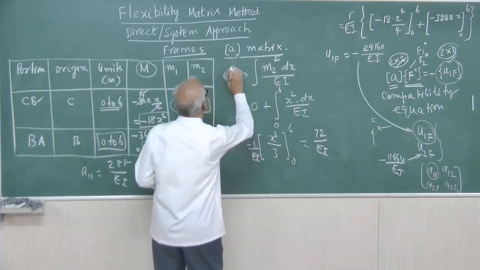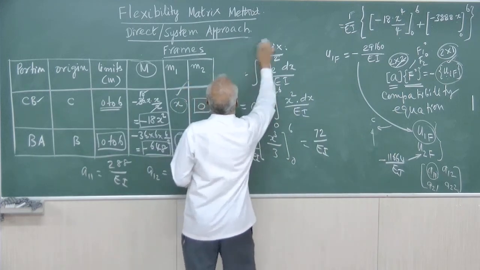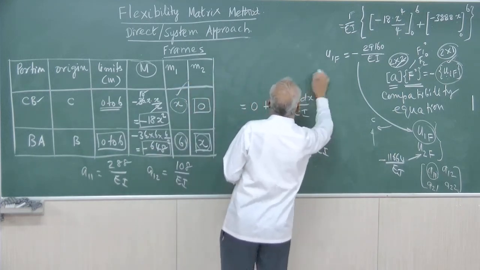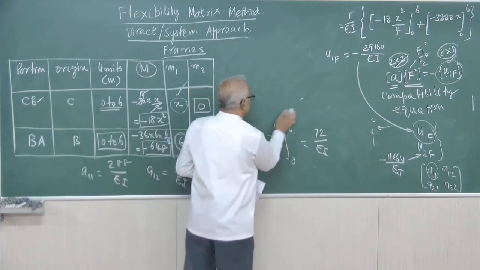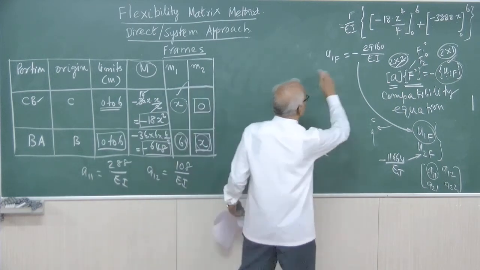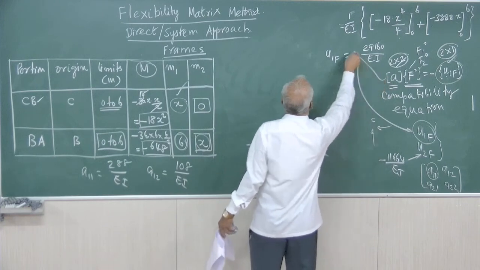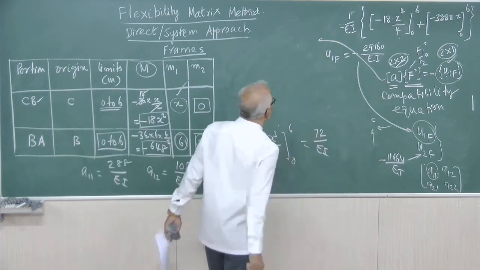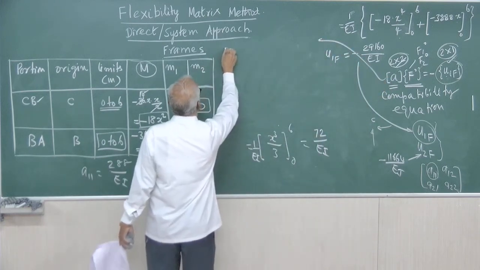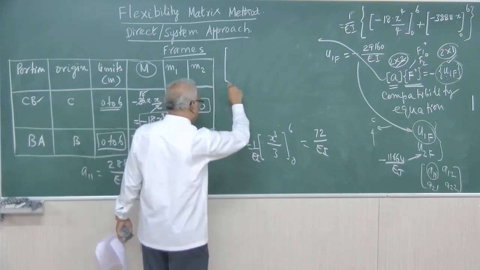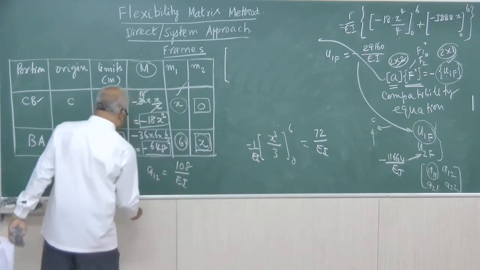Now, we can substitute the values in the compatibility equation. We just make use of the compatibility equation. A matrix will be, in all cases 1 by EI is there.